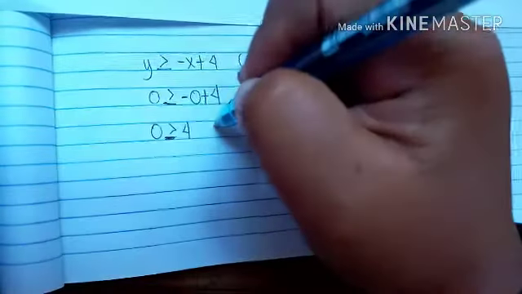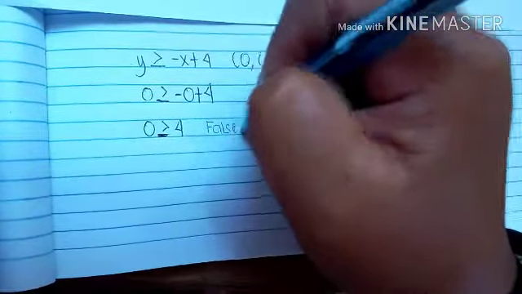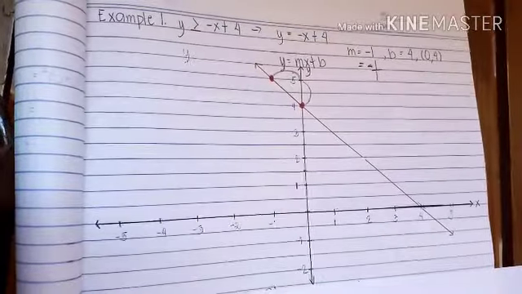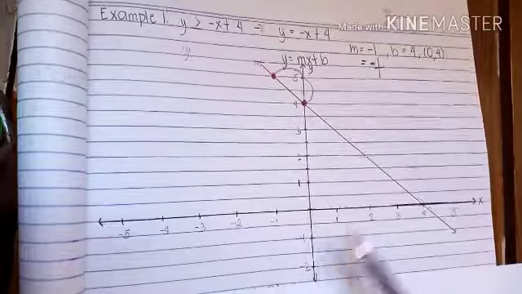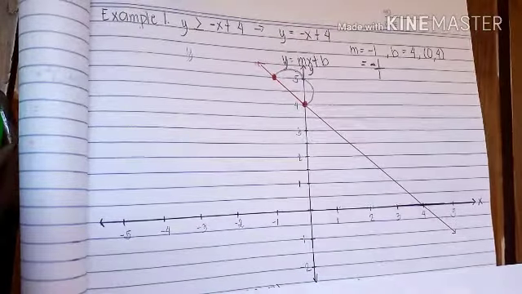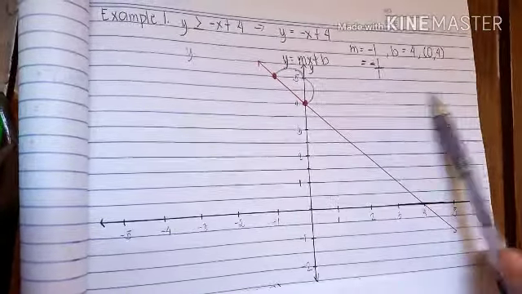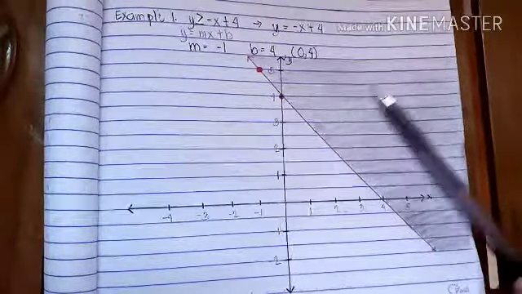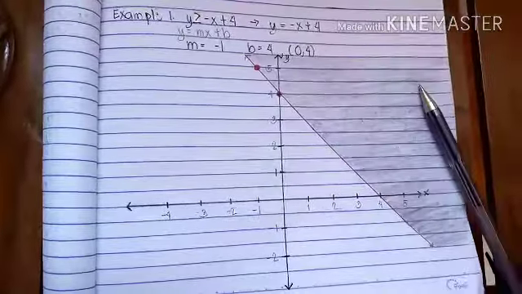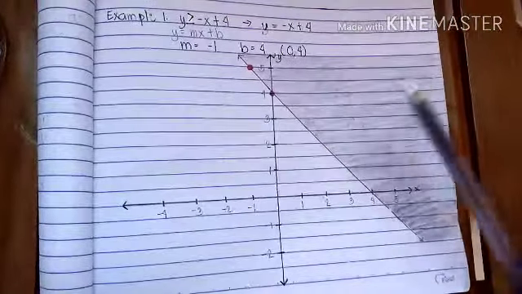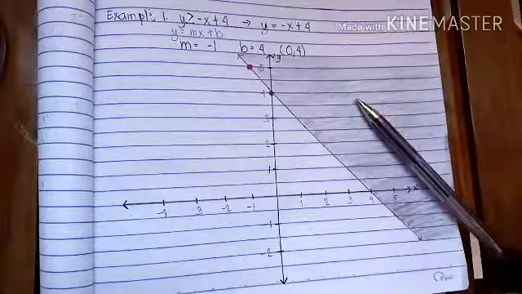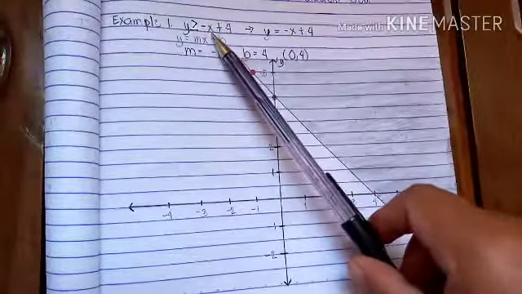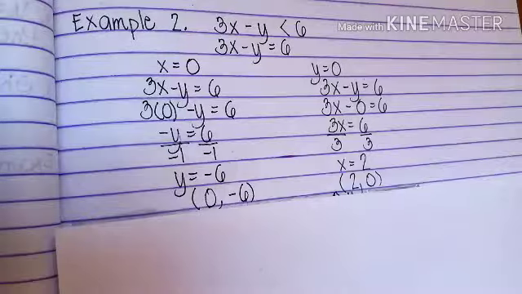That should be false since 0 is less than 4. Since it's a false inequality when we substituted a point from this area, the solution set would be the other area. Shade the region of the solution set. After shading, we now have this graph. So this would be the solution set of the inequality y ≥ -x + 4.